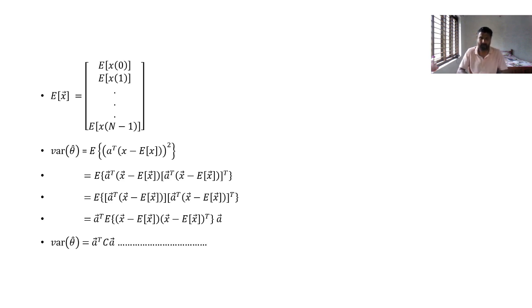Call that equation 2. C is nothing but the expectation of x minus expectation of x into x minus expectation of x, the whole transpose.